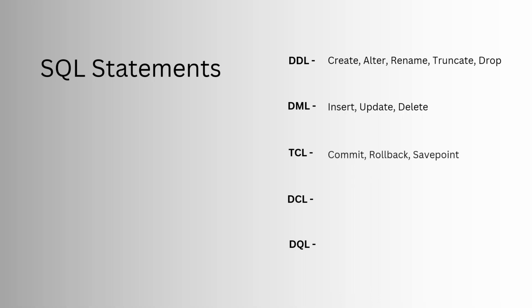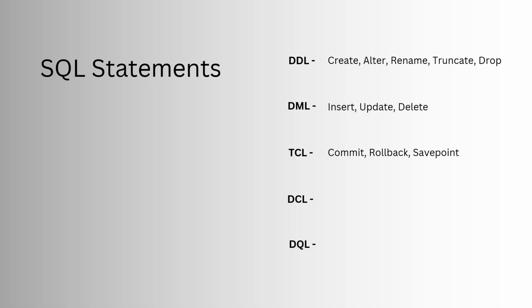And coming to TCL commands, there are 3 commands in TCL, which are commit, rollback, and savepoint. These commands are mainly useful to control the sessions and control the data also. So commit can be used to commit the session.